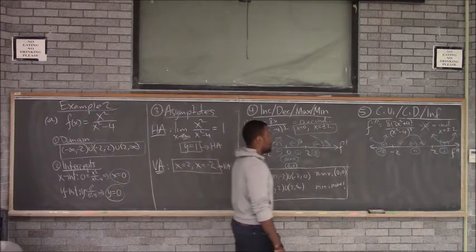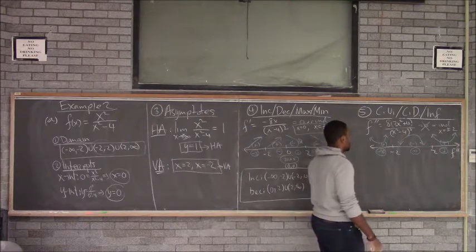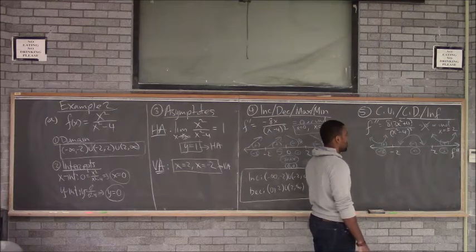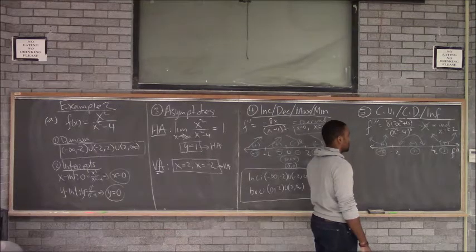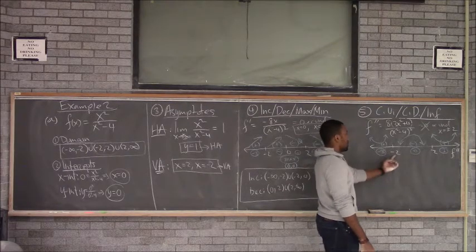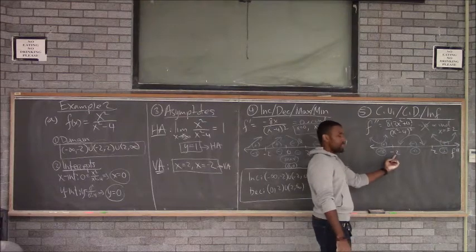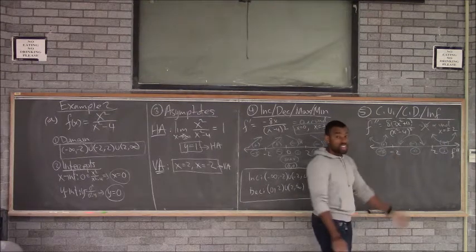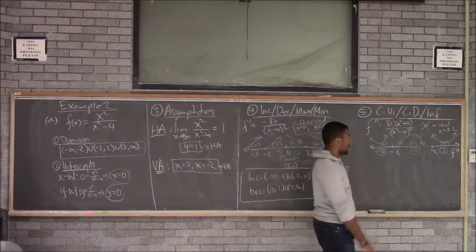Do you have any inflection points? Where? Right, this would be an inflection point. I did switch from a positive concavity to a negative one, but -2 is not in our domain, so that's nothing.